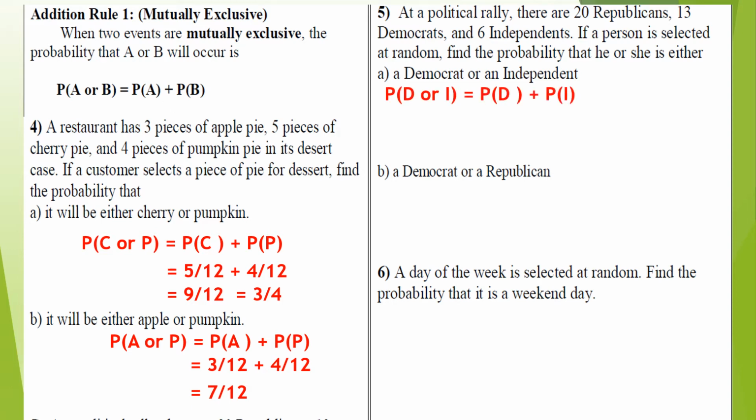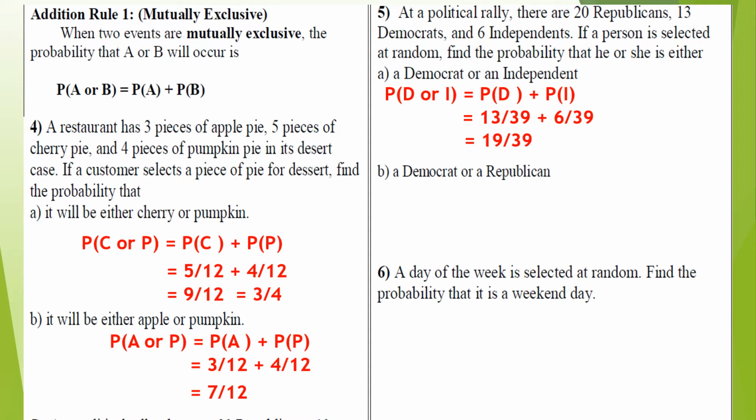So the probability that he is a Democrat or Independent is P(Democrat) plus P(Independent) equals 13 over 39 plus 6 over 39, which is equal to 19 over 39.